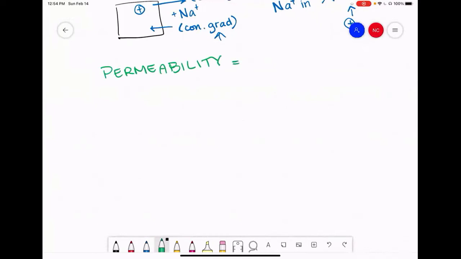But permeability, in terminology, is the ability of an ion to passively, and this is the key word here, passive, not active, move in and out of a cell. Okay, I'm just going to abbreviate here. English is overrated.